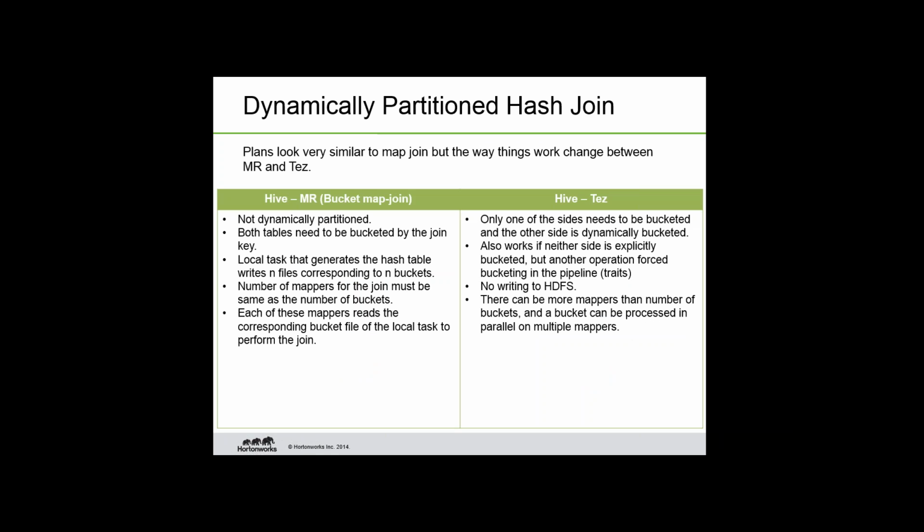So if we see the differences, that could be similar to the map join, but for partition hash join, things change pretty much depending on whether they are working on MR or Tez. If I take an example of bucket map join and the execution details between the Hive MR and Hive Tez platforms: for Hive MR, there are no dynamically partitioned clusters, nothing is dynamically partitioned.